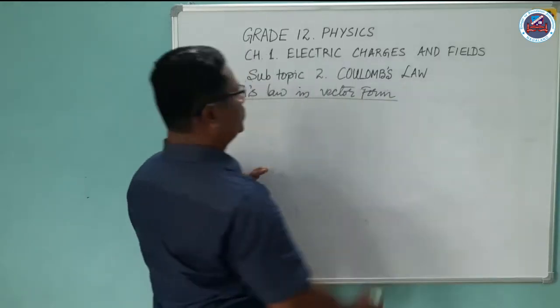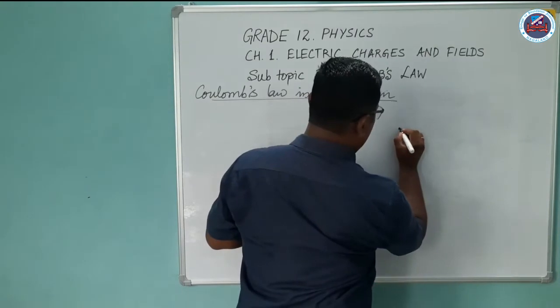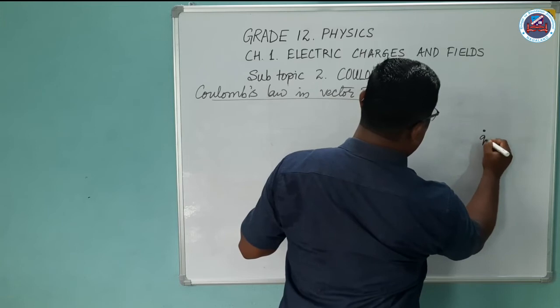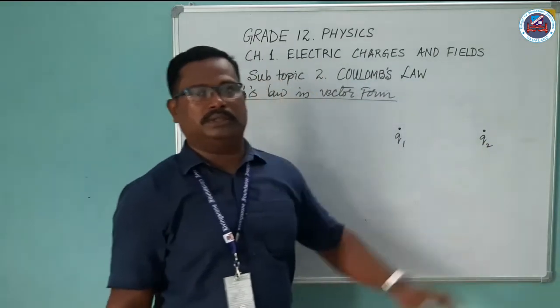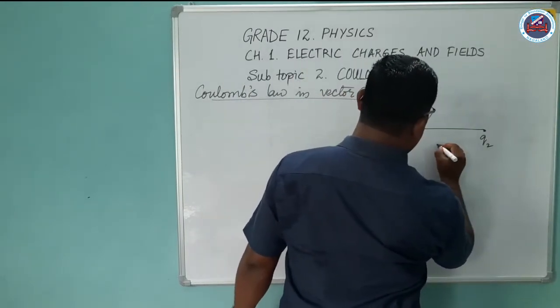How to write Coulomb's law in vector form? Suppose two charges, as before, Q1 and Q2. They are, suppose, like charges, say both are positively charged. They are kept at a distance r apart.